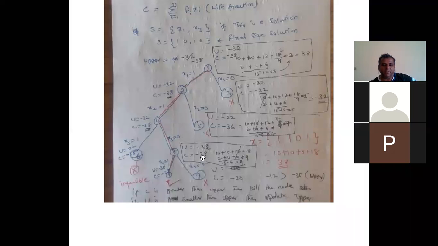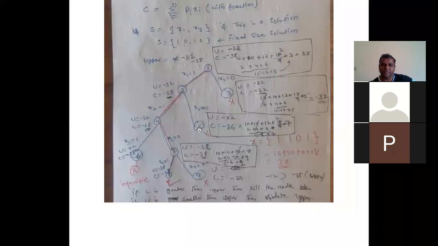compare the C value of node 7 with the C value of all the nodes which were generated earlier. That means these three nodes. If the C value is greater than, so this C value is minus 38, and minus 38 is greater than minus 36, then kill this node. That means you won't get a solution in this track.